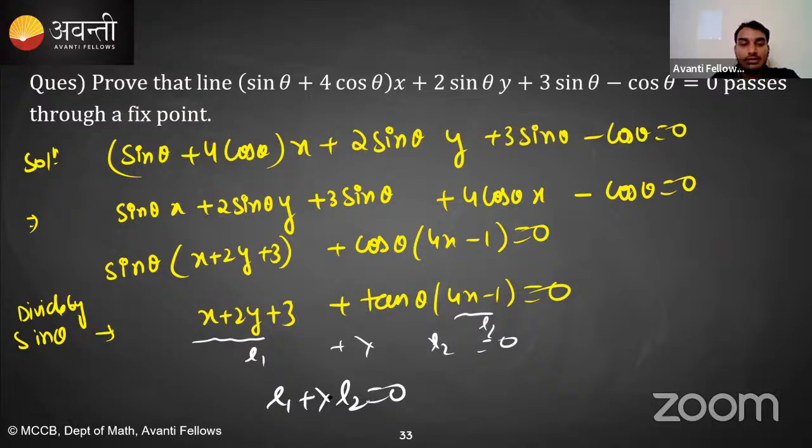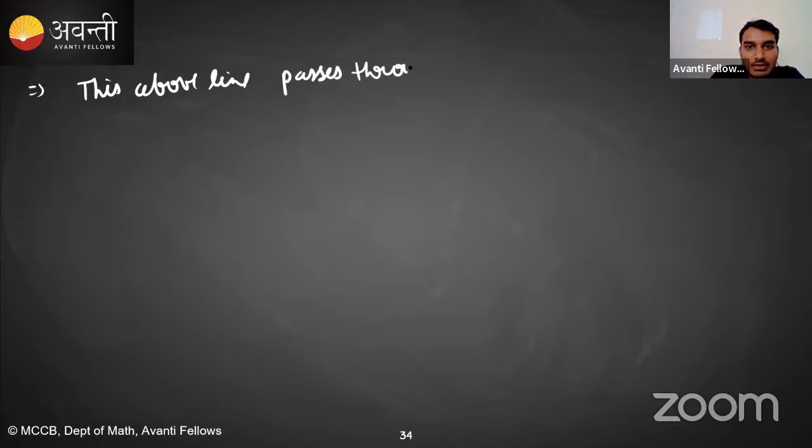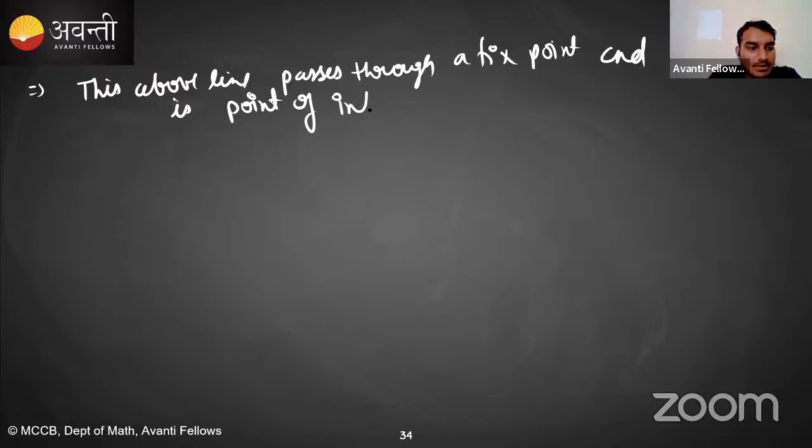So it means this above line passes through a fixed point, and that point is the point of intersection of L1 equal to 0 and L2 equal to 0.